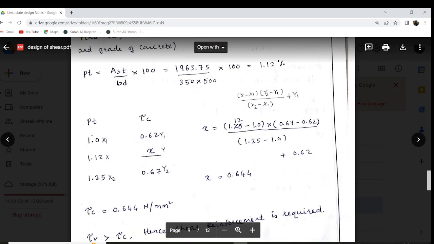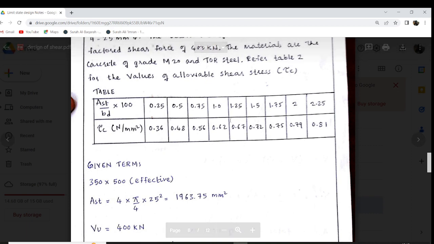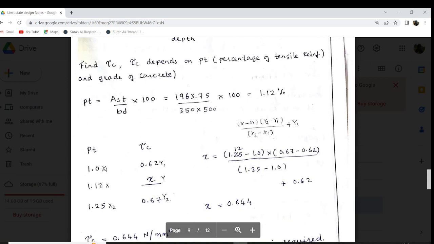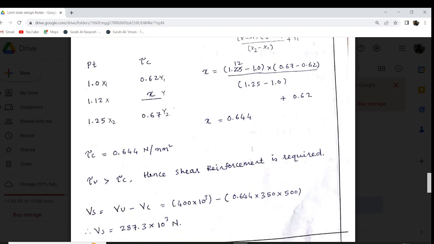So you see, the percentage value we have is between 1 and 1.25. Okay, so in that case we have to do the interpolation. We know the value of tau c for 1, we know the value of tau c for 1.25, but we don't know for 1.12. So here we have to interpolate, and we have to take the value of tau c for PT 1.12. So this is the formula by which you can do interpolation, or simply you can use the calculator.